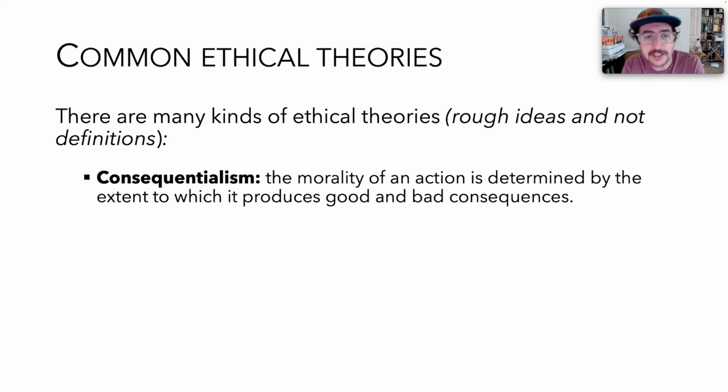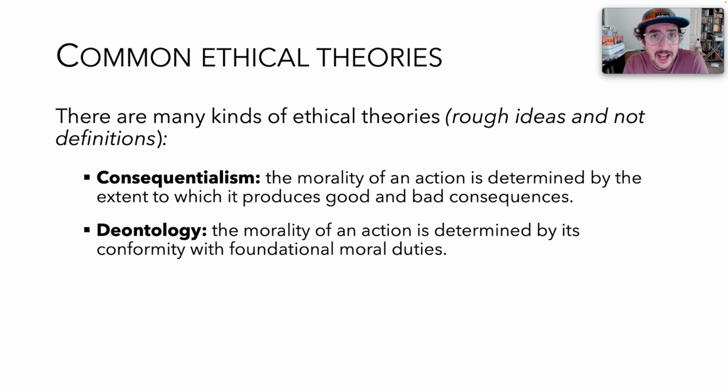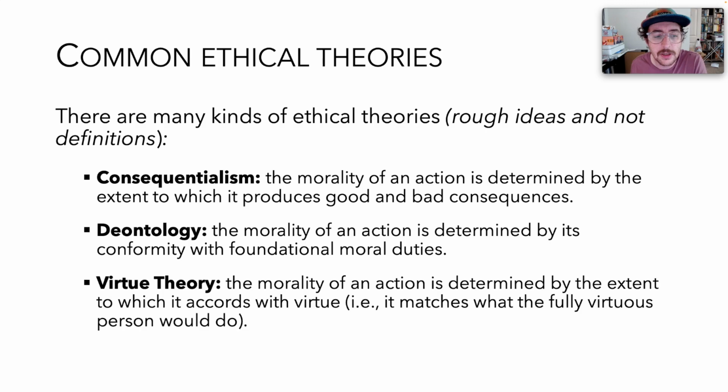So the reason that it's wrong to kill is because by killing a person, it has very bad consequences. Now, deontology has a different approach where it says the morality of an action is determined by its conformity with foundational moral duties. So wrong actions all fail to conform to some moral duty that we have, and right actions succeed in conforming to those fundamental moral duties.